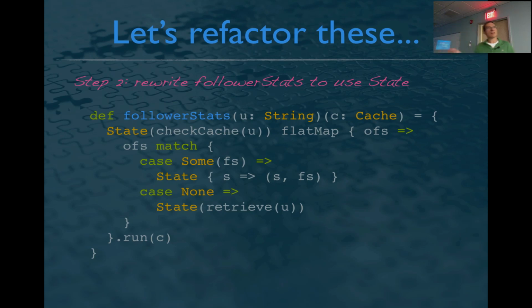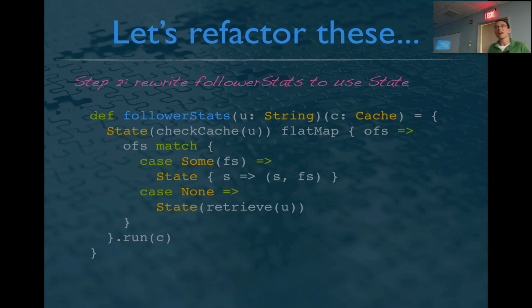Now the sum side's kind of weird, right? Because on the sum side, we have the value we want to return. It's FS, right? But that doesn't type check because in flat map, again, I have to return a state. And so how do I lift just a single value? It's not a function, it's just a value, FS, into the state. And so we do this.